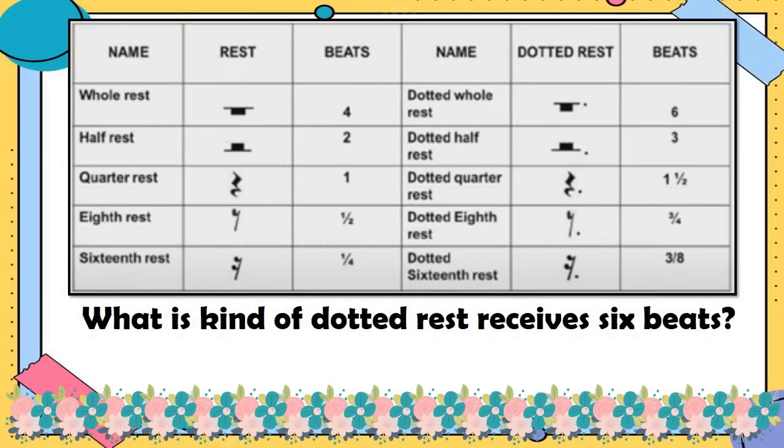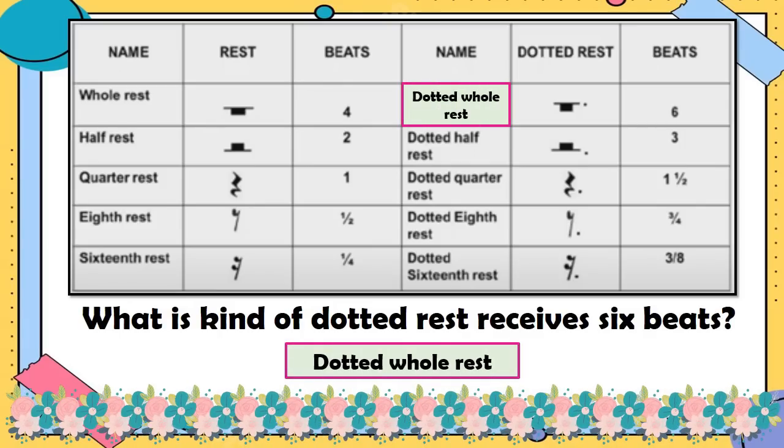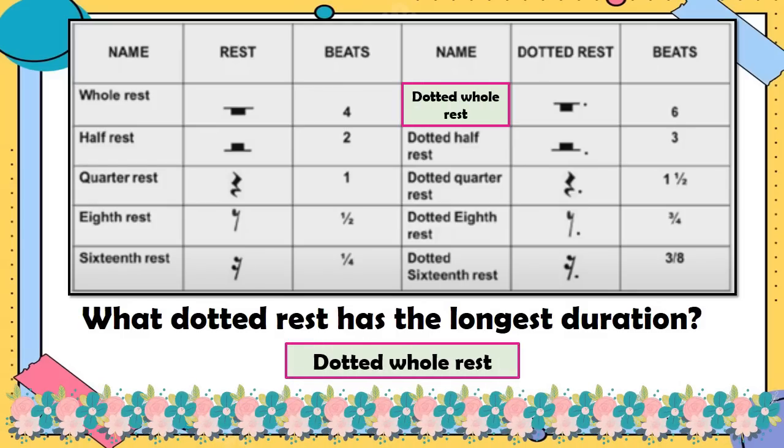Now, let's answer the following questions. What kind of dotted rest receives 6 beats? Look at the chart. The kind of dotted rest that receives 6 beats is dotted whole rest. What dotted rest has the longest duration? Look at the chart. Yes, the dotted rest that has the longest duration is dotted whole rest, which has 6 beats.